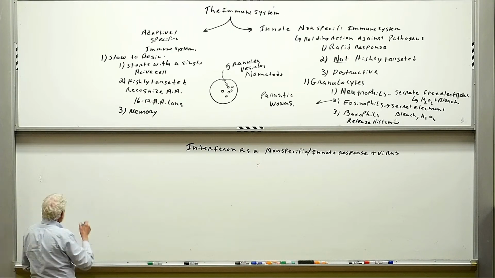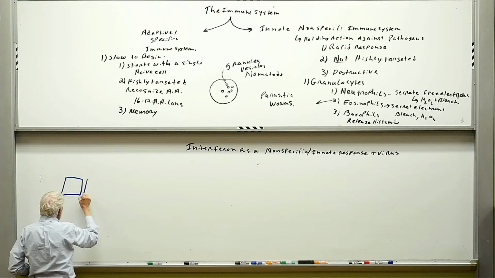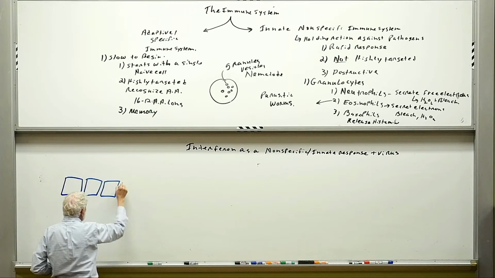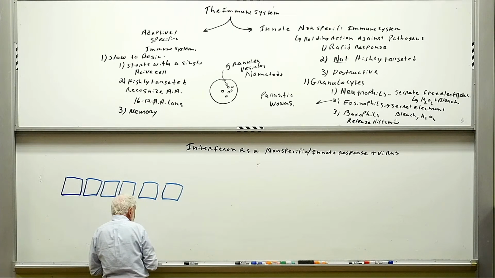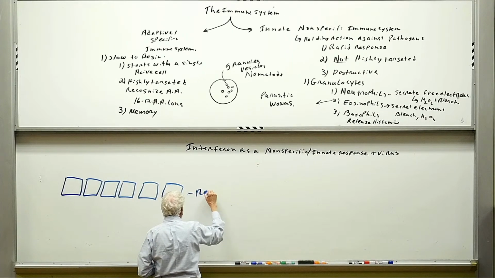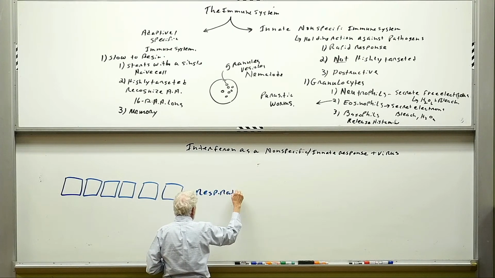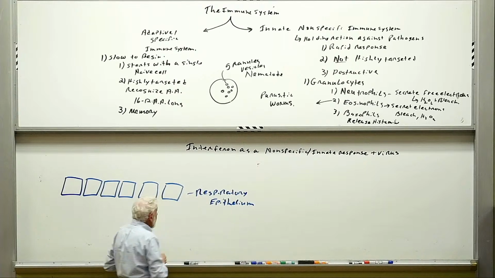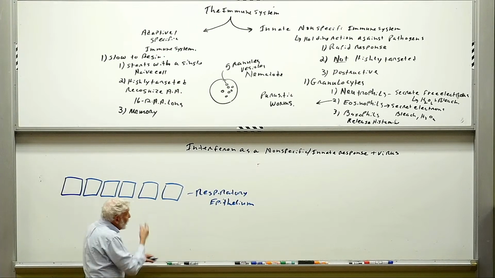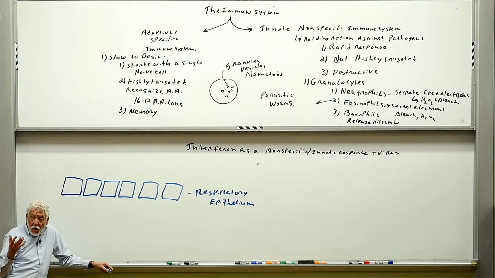But we start here with a layer of epithelial cells. And this will be a respiratory epithelium. Typically for the SARS-CoV-2 virus, these are going to be epithelial cells which will be targeted by the virus in your upper respiratory tract. They could go all the way down into your lungs, but they for the most part appear to be in the upper respiratory tract.